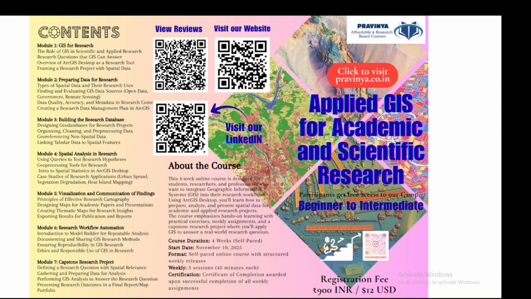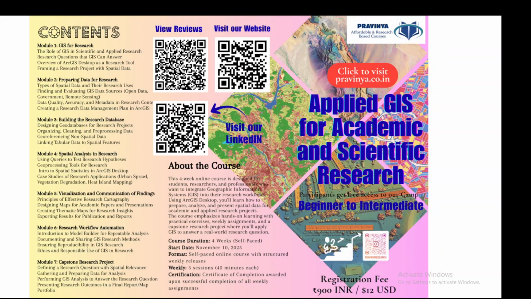Whenever you register for this, you will also receive a link to our GIS camp so that you will be able to develop your understanding about different basic functionalities of GIS, and then you can switch to this particular course, which is an intermediate level. We will also time and again instruct as to for which session you will require which GIS camp sessions to follow up with. With that, let's begin.